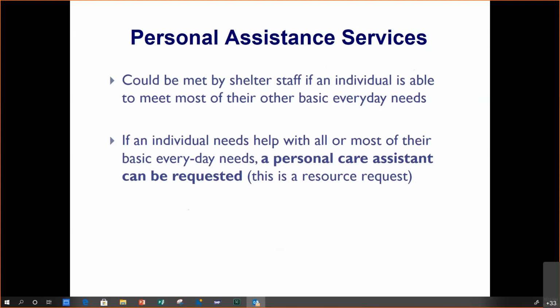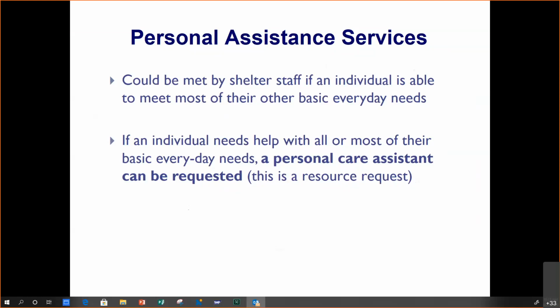Somebody may need more significant needs in terms of how often that is done and under what circumstances. And so that's where you as a fast responder, if that individual needs help with most or all of their everyday needs, may end up requesting a personal care assistant as a resource request.